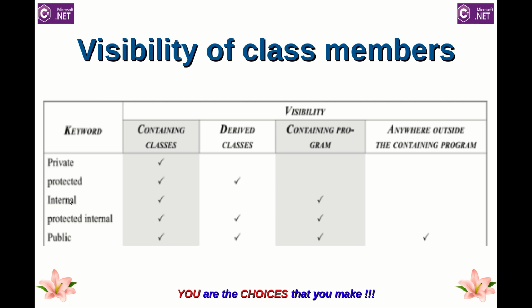But if you declare it as internal, it can be accessed only in the class or in the program. It cannot be accessed in the derived class. So this is the visibility of class members in a class.